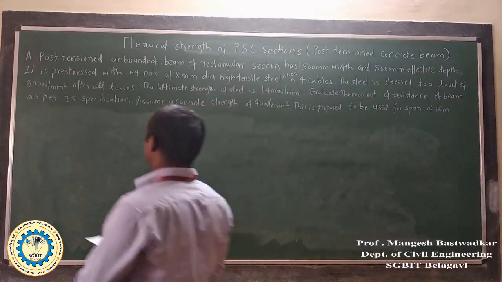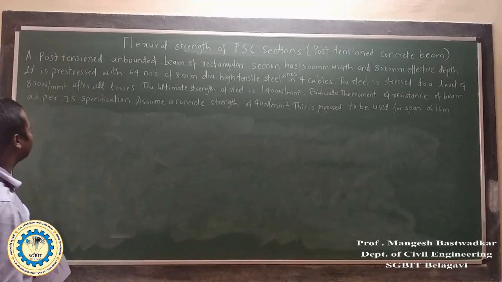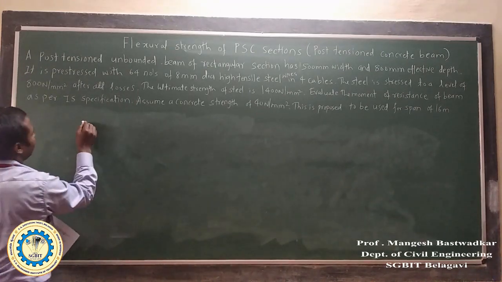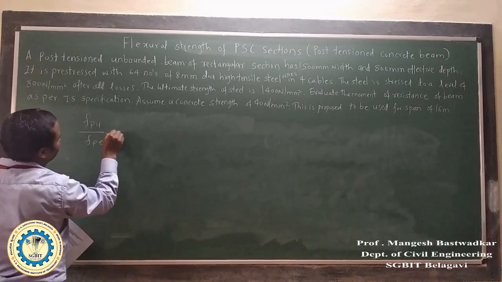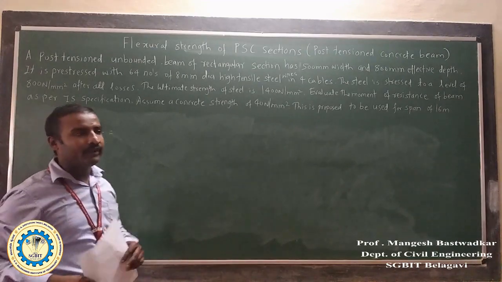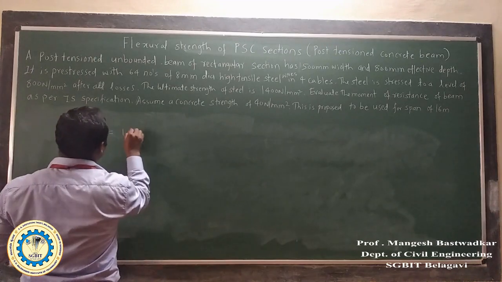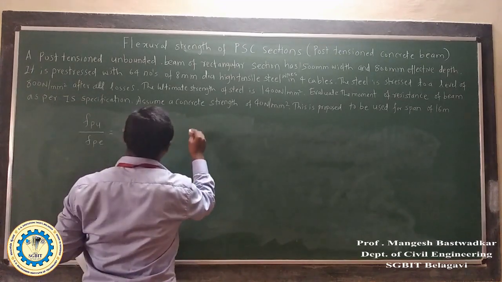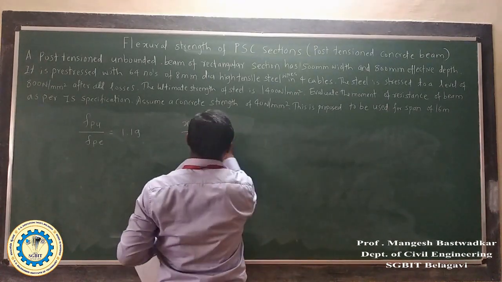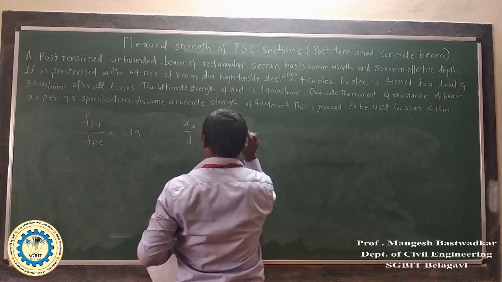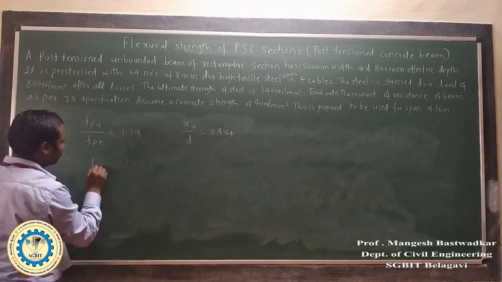From table number 12, we will obtain the value of FPU by FPE. So that value we have got for effective reinforcement ratio 0.16. That value is 1.19, and the value of XU by D we have got, that is 0.484. So now therefore we can calculate ultimate tensile stress.